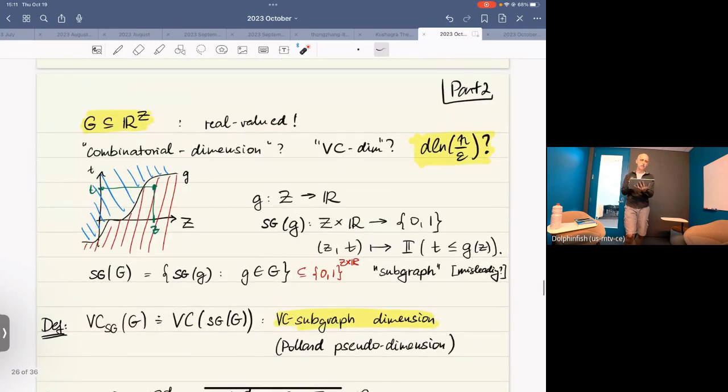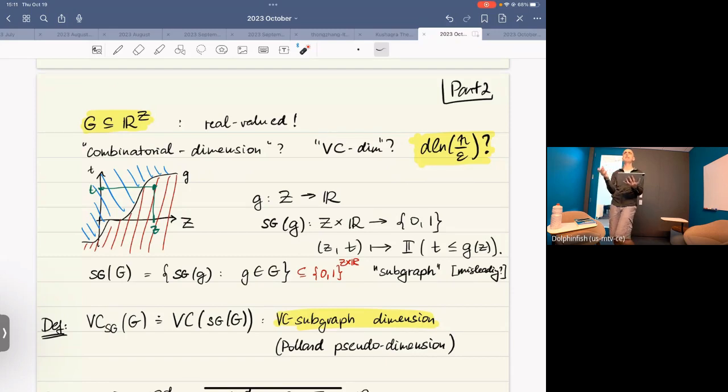But recall what we wanted. We want to have some kind of combinatorial dimension assigned to this class of real valued functions, such that the covering numbers can be bounded by similarly what we would expect to see from Sauer's lemma.